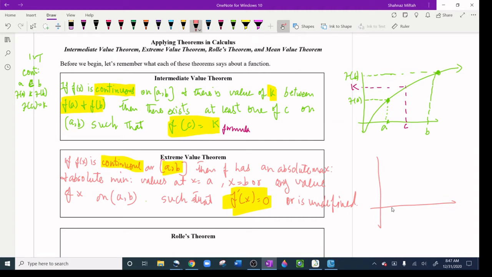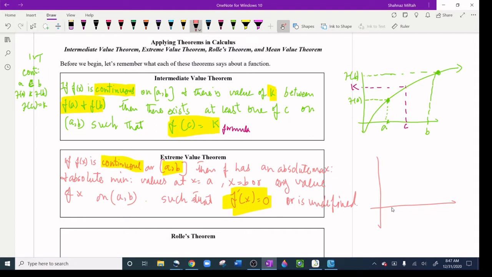So this is my B, this is my A, and I also have something here, and I can call this a D, and I have a C. So this is the absolute maximum.